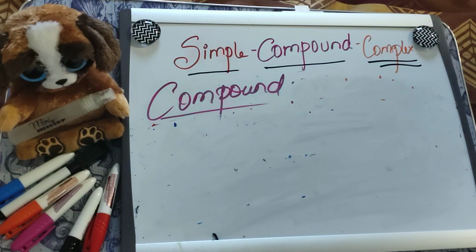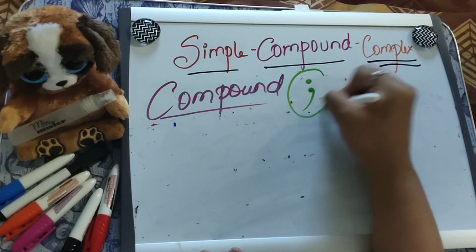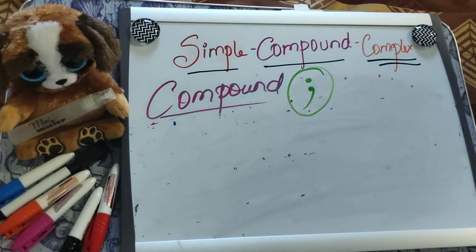And just to make you aware of one thing, there is also a semicolon. A semicolon is also used in order to make a sentence a compound sentence.